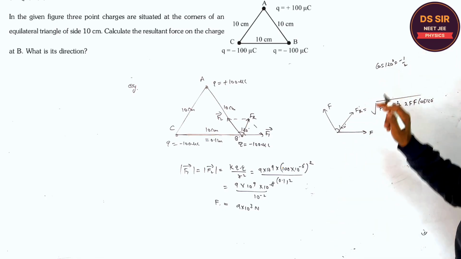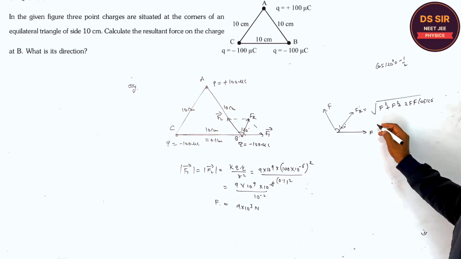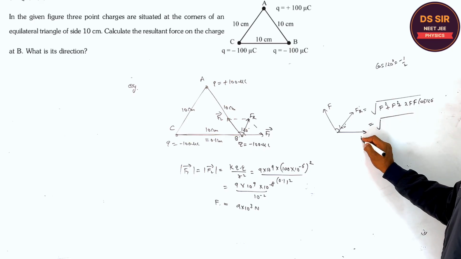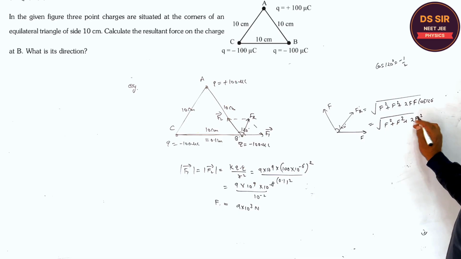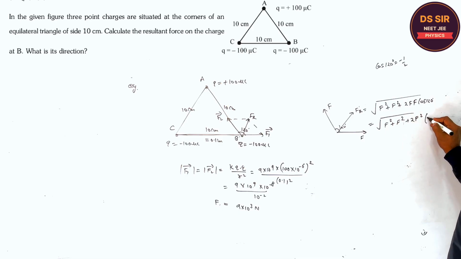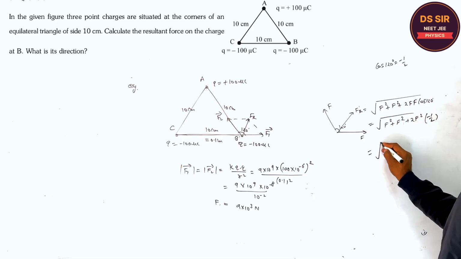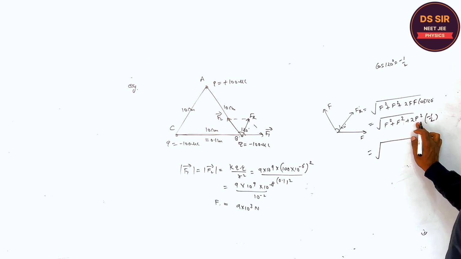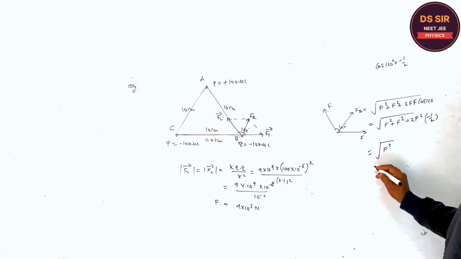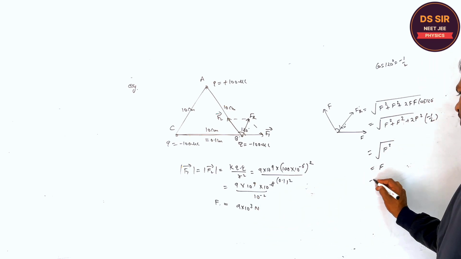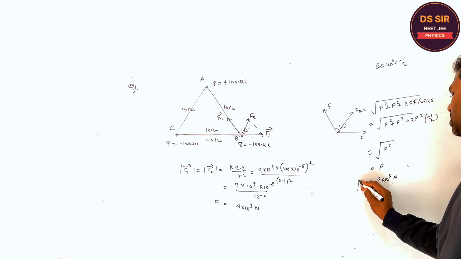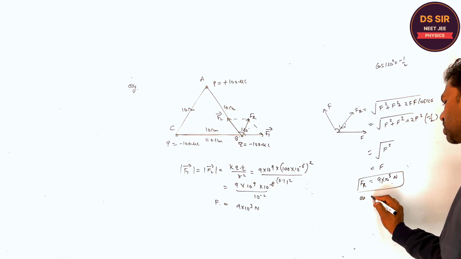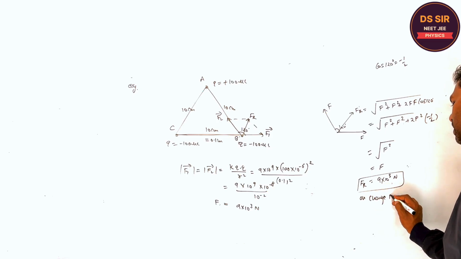You have to remember this value; it is used many times. So it is equal to F square plus F square plus 2 into F square into minus 1 by 2. So the terms will cancel out, and the square root will be equal to F, and the value of F is 9 into 10 to the power 3 newton only. So this is the resultant force on charge B, right? And this is the direction.